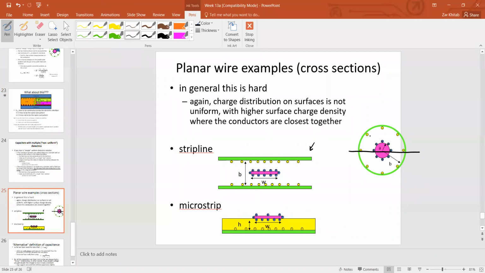We will have this green outer conductor, and this pink inner conductor is here, and there was a dielectric epsilon r, so that same dielectric epsilon r is here.